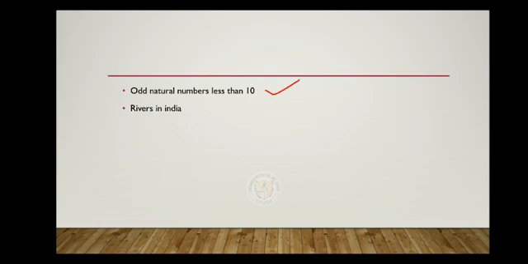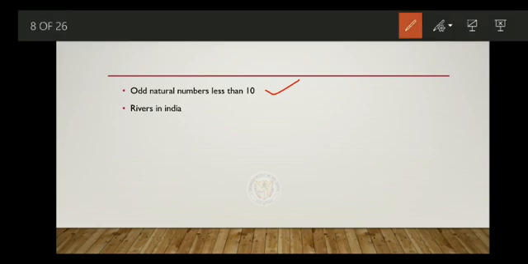But if I tell Amazon, Amazon is not a river in India. So we can decide whether the given object is in our collection or not. So this is also a well-defined collection. So rivers in India is also an example of a set.